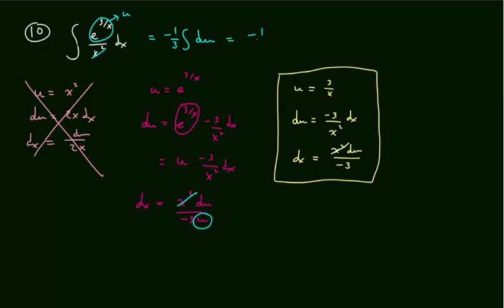And then I have negative 1/3. The antiderivative of du is simply u plus c, which gives me negative 1/3 e to the 3 over x plus c. The same result. But again, I prefer this one right here.